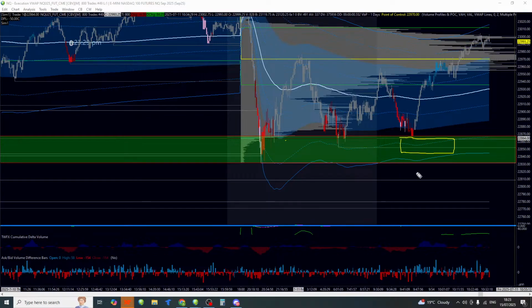Think of this: if there are 500 limit orders here, but only 200 sellers coming into this area, sellers are not going to be able to break this zone because they're being outnumbered by the demand. So that's what absorption is, right?